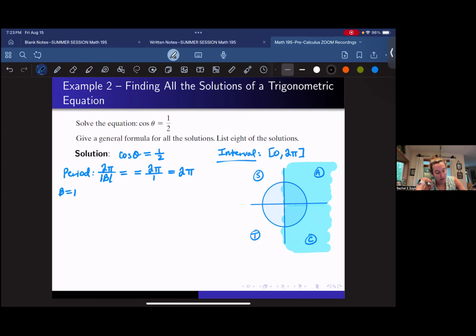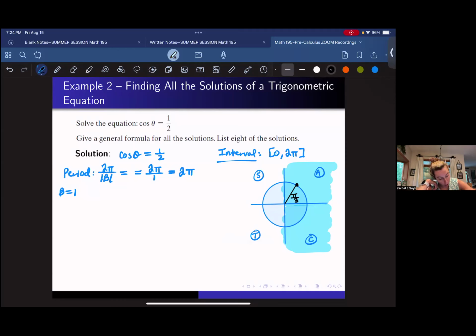So when we plot this out, this is one example of our terminal side giving us that 60 degrees, which in radians is just known as pi over 3.